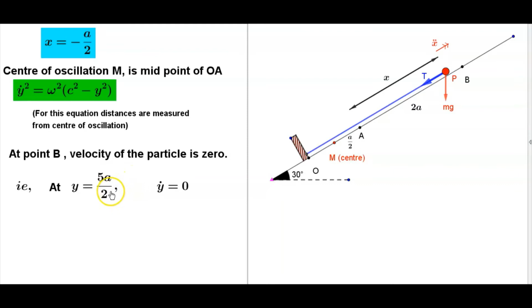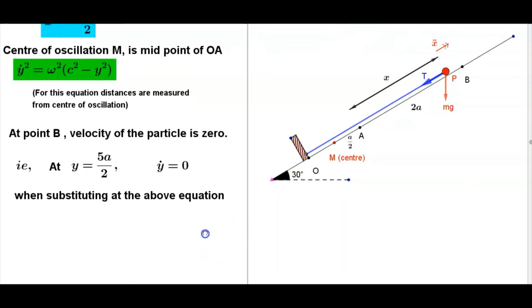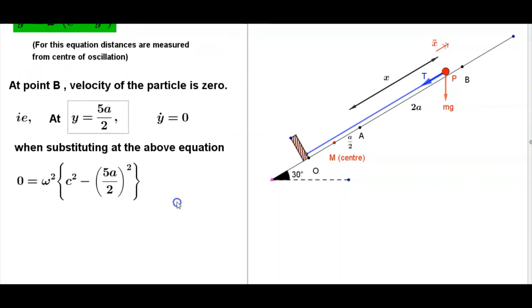Now we substitute this in the formula to find c, the amplitude. Since y dot is 0, y dot squared is also 0, which is equal to omega squared into the bracket c squared minus 5a by 2 all squared.